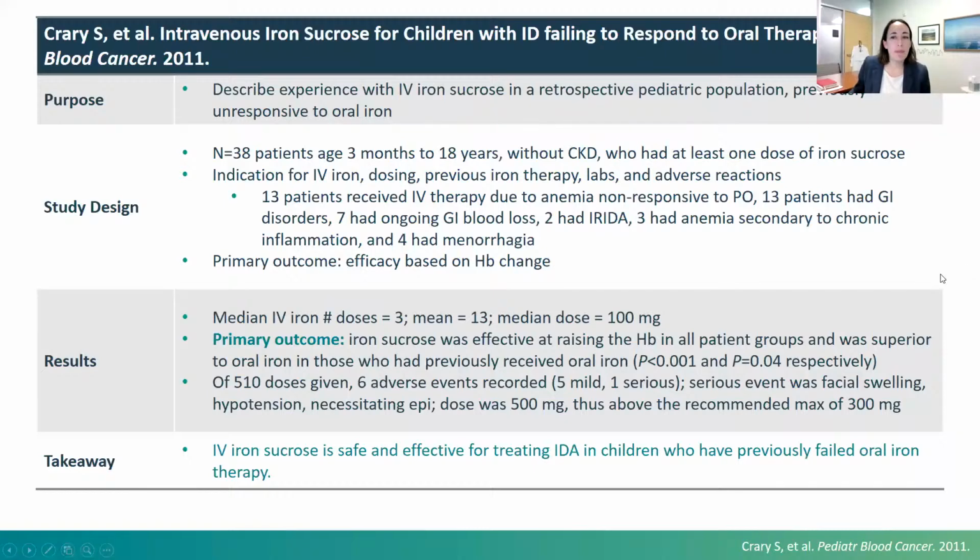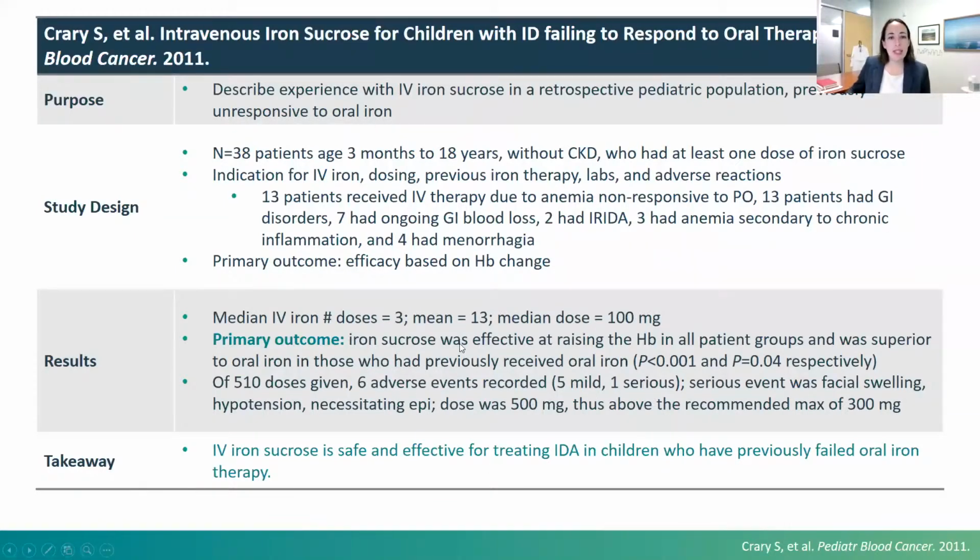This drug has been very popular for many years. This was a case series from 11 years ago from a group at UT Southwestern that were, again, looking at their retrospective data on patients with a wide variety of indications. So they were dietary iron deficiency anemia, GI blood loss, and other causes.